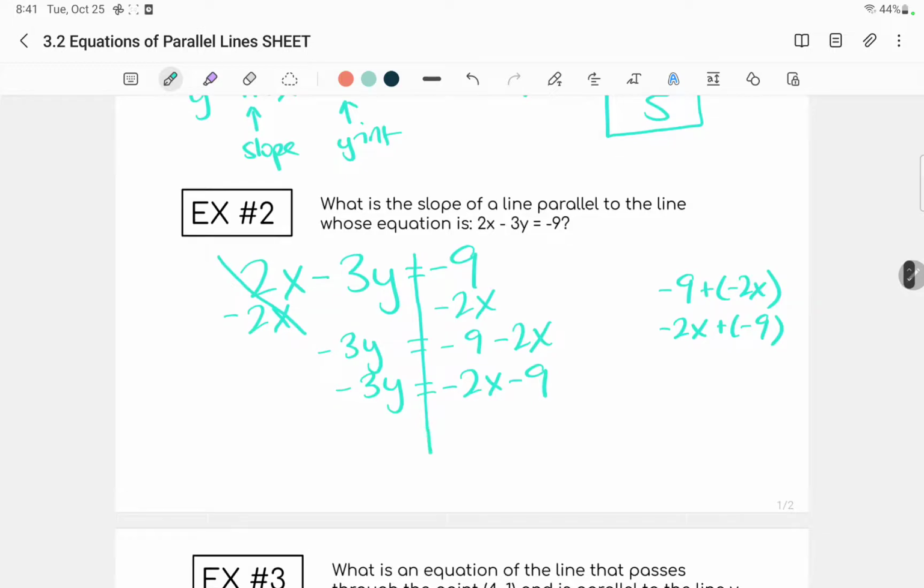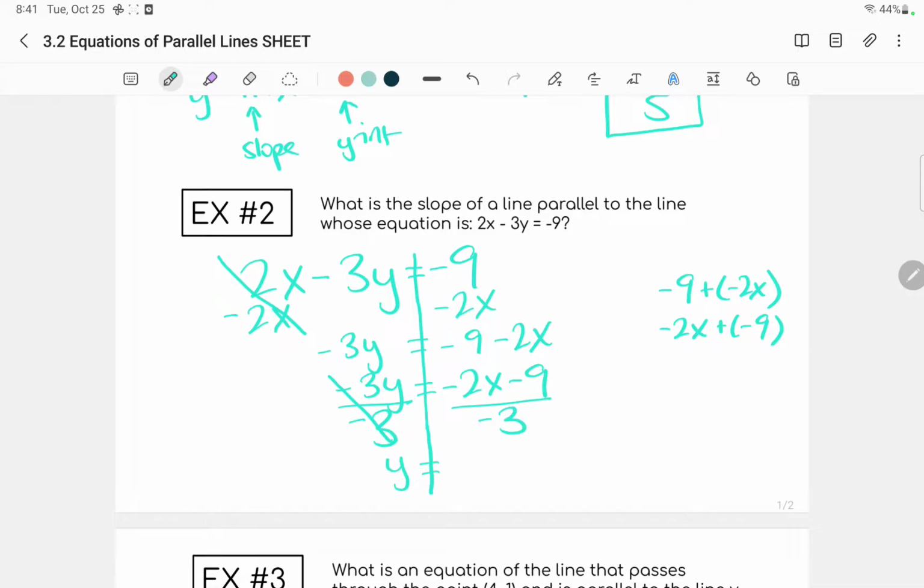Now I'm going to go ahead and divide by negative 3. Again, with equations, I want to cancel out until I get what I want by itself. Since I want y by itself, I have to divide by negative 3. And whatever I do to the left, I want to do to the right. So this cancels out over here. I'm left with y.